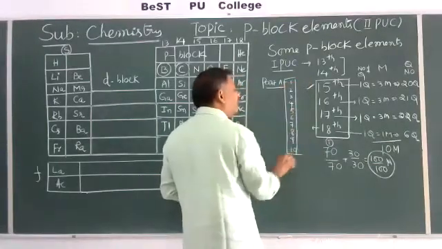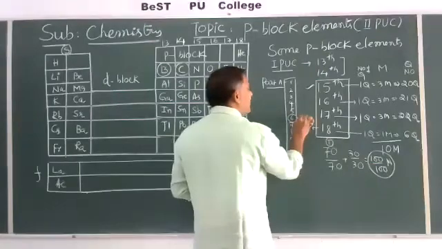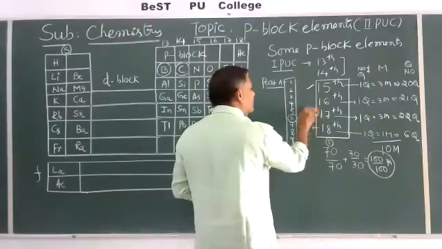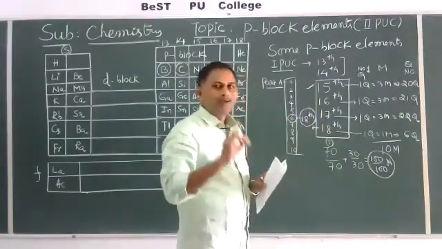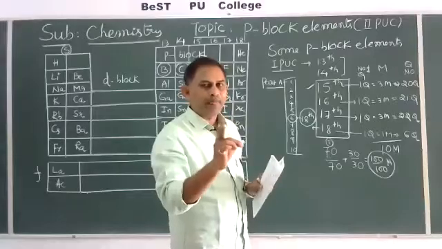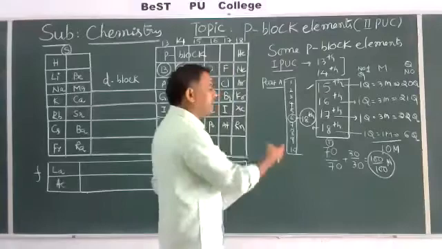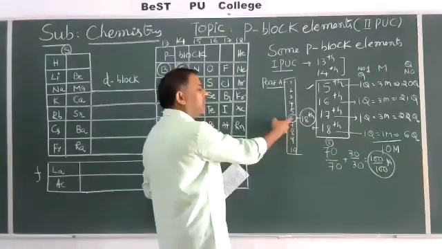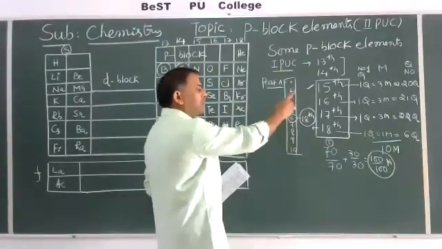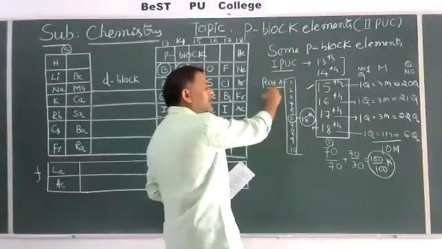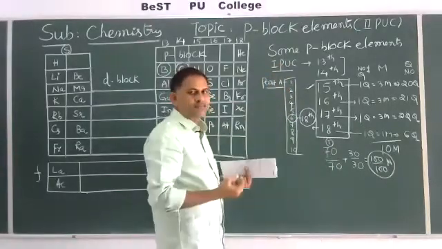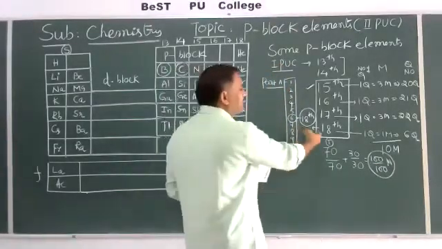To get the full marks, question number 6 is from the 18th group. That's why to get full marks in PUC or 11th standard according to the PU board, compulsorily read these 18th group elements. One question is guaranteed, inserted in part A, where there is no choice.